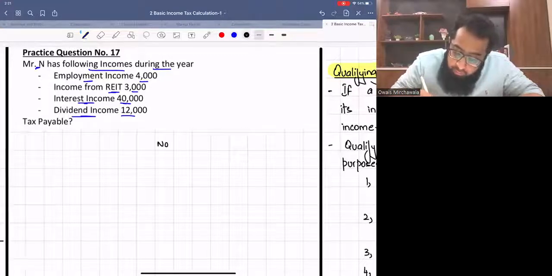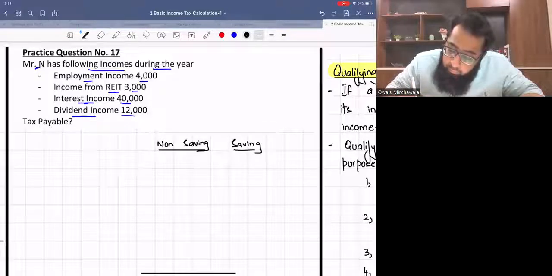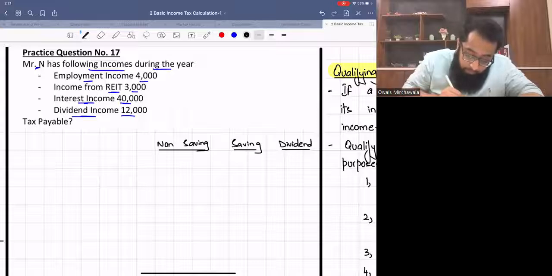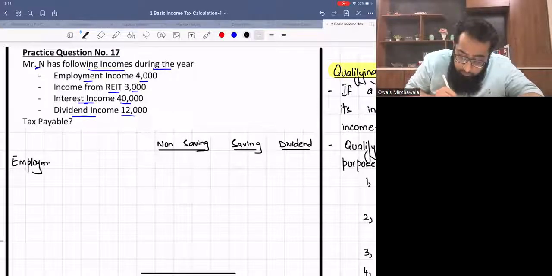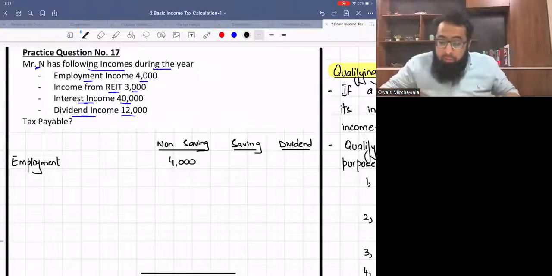Again, first of all, we will classify the incomes into 3 heads: non-saving, saving, and the third one will be dividend. Employment income is 4,000 and goes in the head of non-saving.